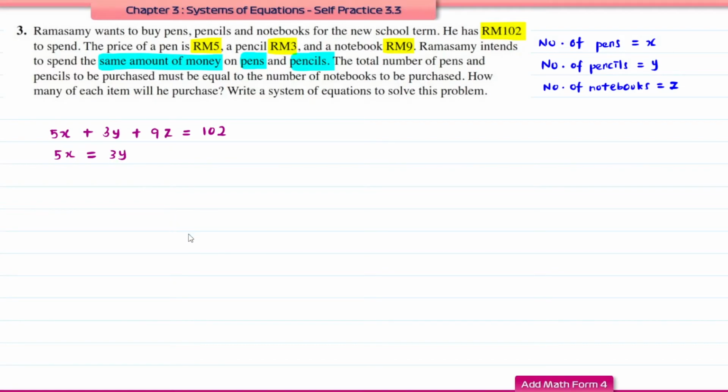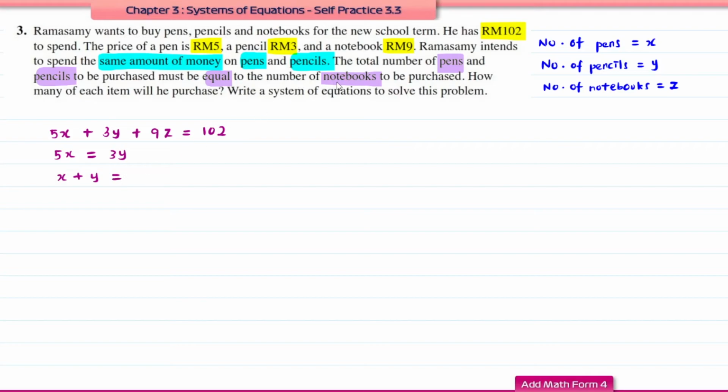So that is the second equation. And the third equation will be the total number of pens and pencils to be purchased must be equal to the number of notebooks. So for pens and pencils, the total will be x plus y.